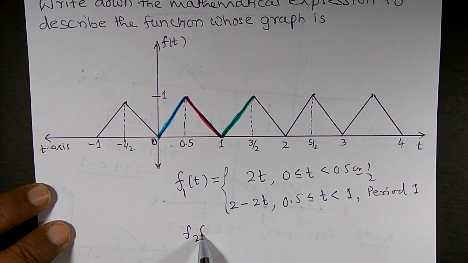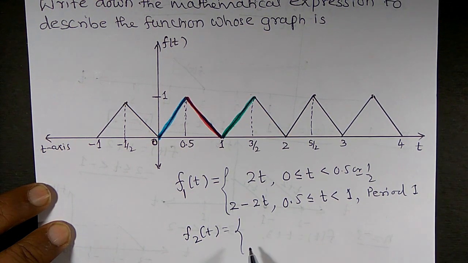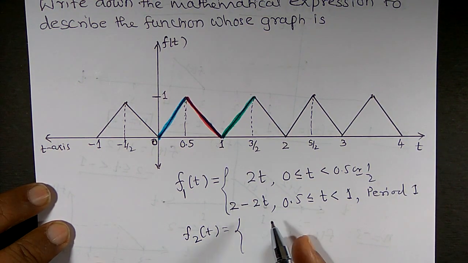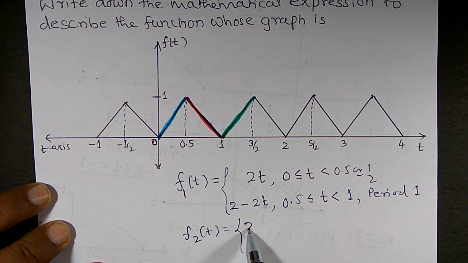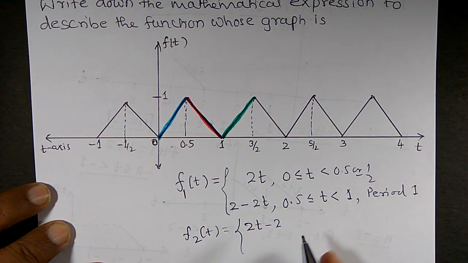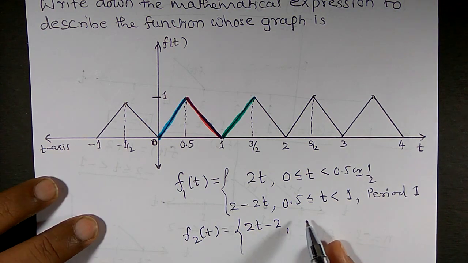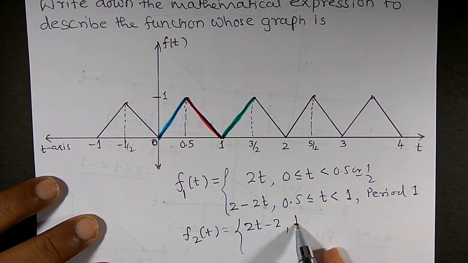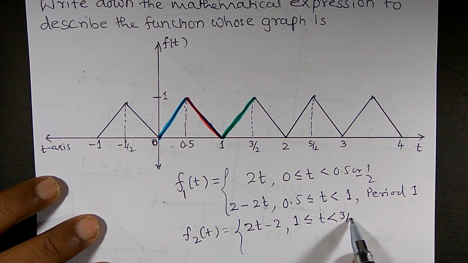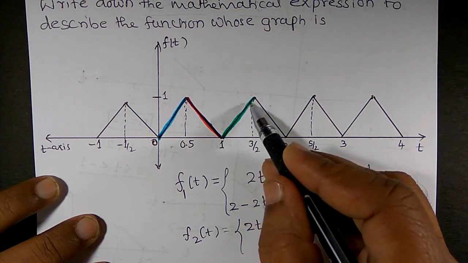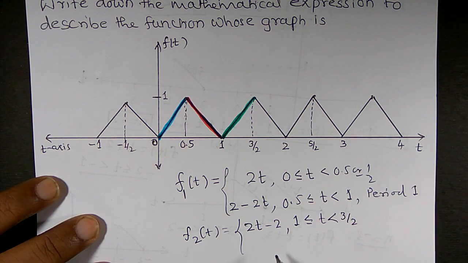Now I will write the second function f2(t). First I want to write this part. It can be written as 2t minus 2, with the limit 1 less than or equal to t strictly less than 3/2. So I hope we'll get this part of the graph.